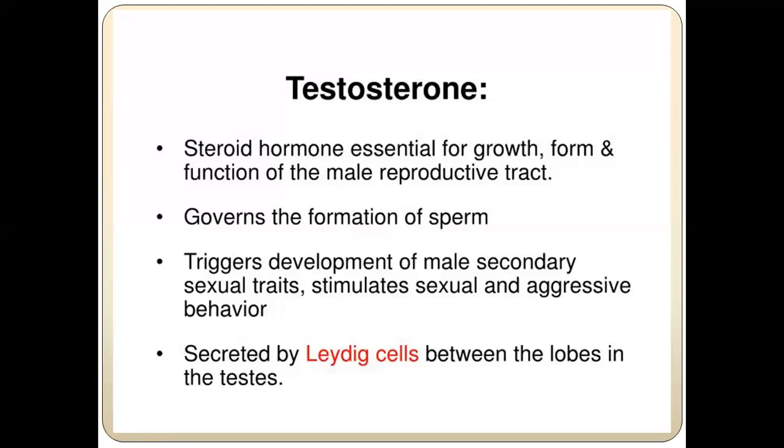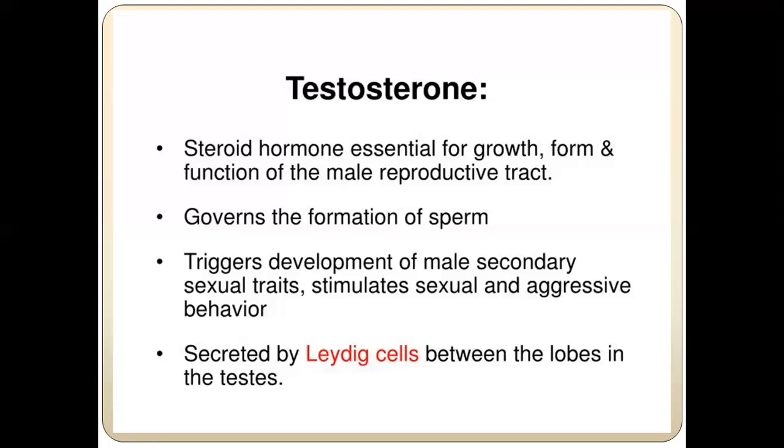Why is that? Because with the passage of time, testosterone decreases the hair growth on the head of the male. But this testosterone hormone increases the growth of hair on the whole body of the male. Is it clear? This is the function of testosterone.